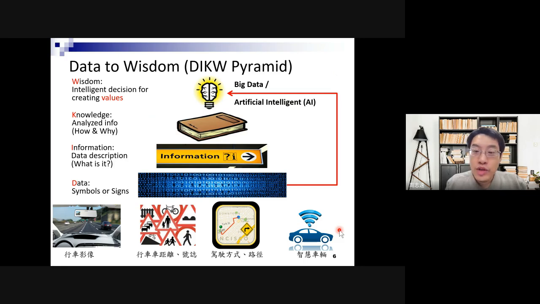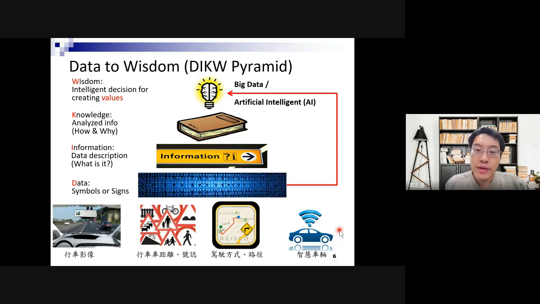And wisdom is exactly what the term AI refers to today. You can see that we say big data is a base for AI because the wisdom, at least in the digital world, comes from data. To process data to generate information or even knowledge, this task is what we call big data.